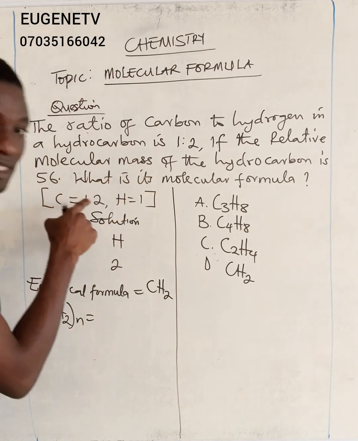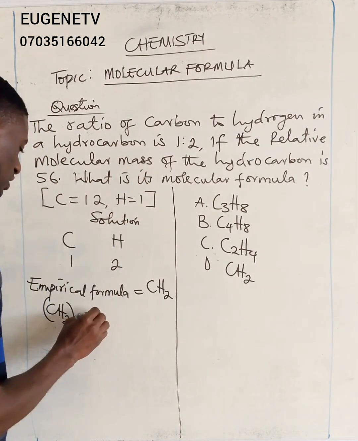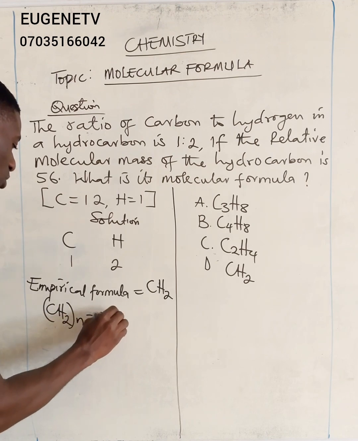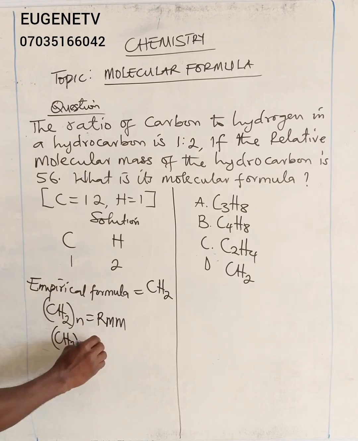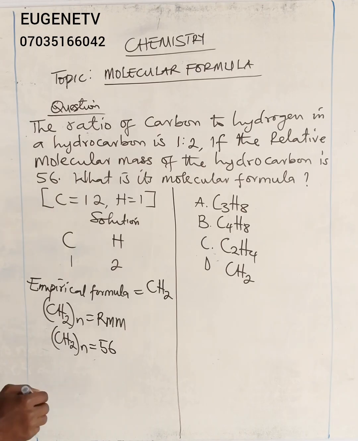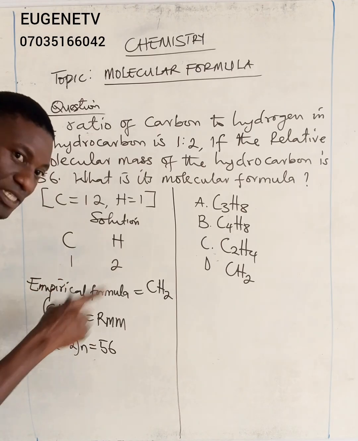And of course, the question tells us that the relative molecular mass is 56. So our empirical formula is CH2 into base n, all equal to 56. The next thing we are going to do is take the mass of all the atoms inside the bracket.